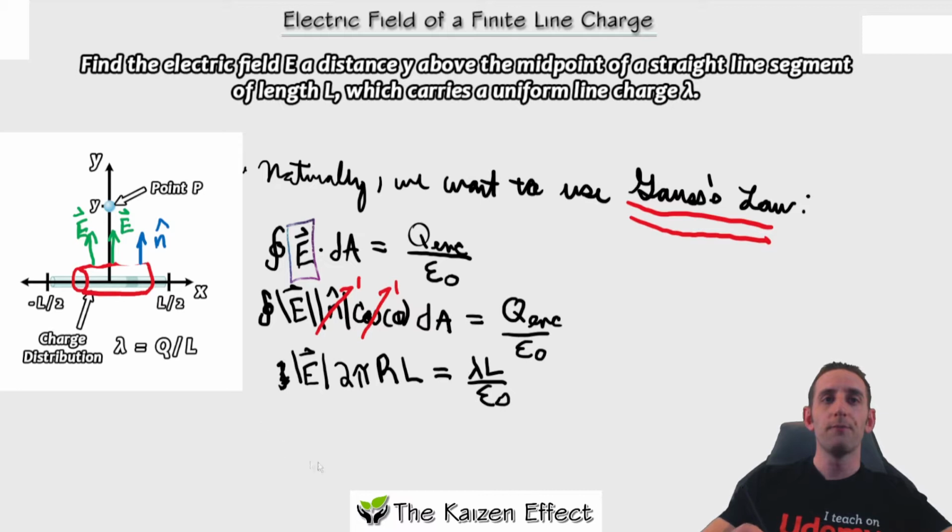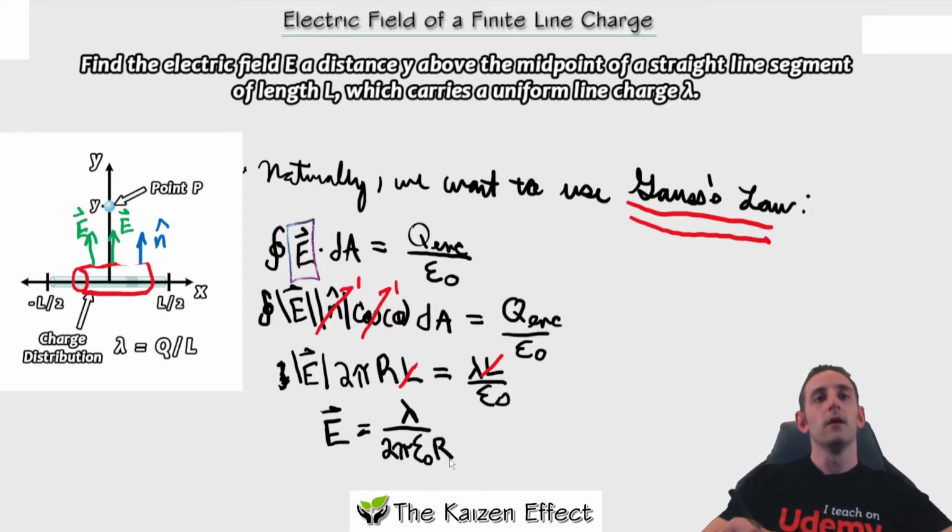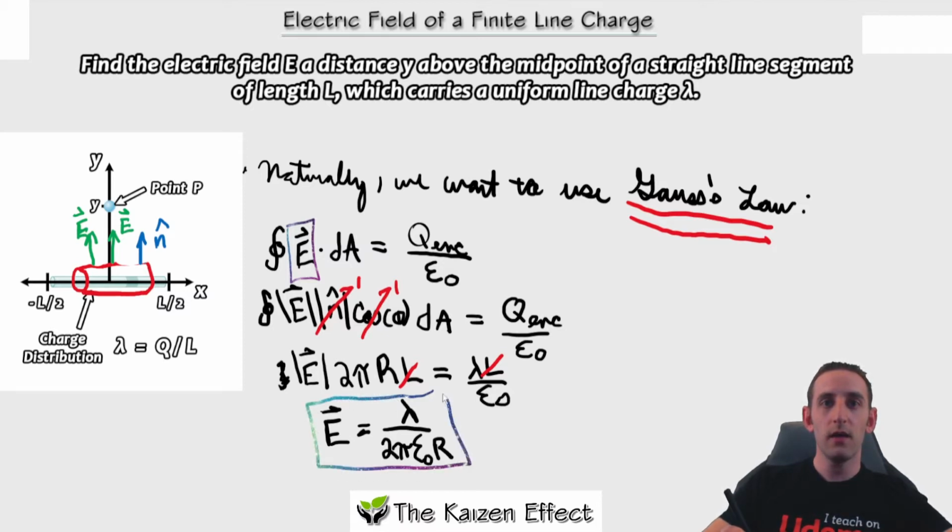So all we need to do is we can come up here, get our red pen, cancel this guy off, cancel that guy off, and what we end up with is that the electric field is equal to lambda over 2 pi epsilon naught r. All right, so we get that guy, and that is a good result. So we're going to box that in with our galaxy color. And that's the result we get.